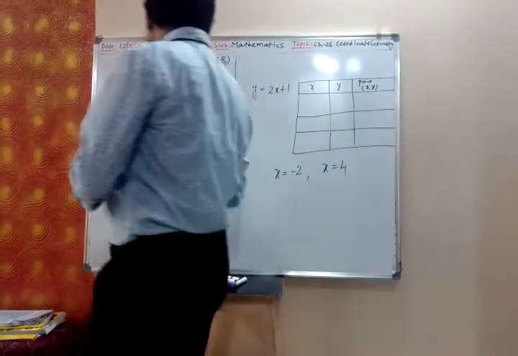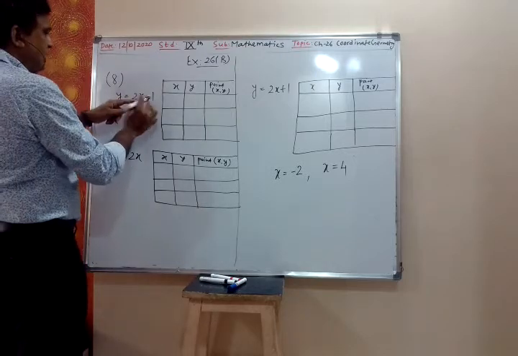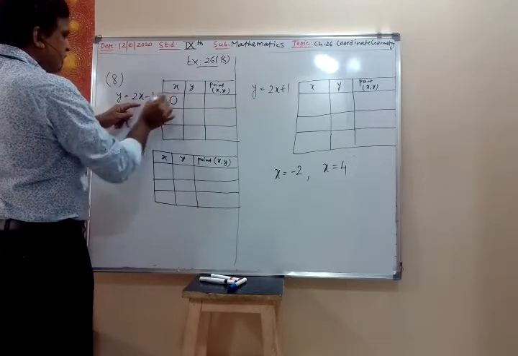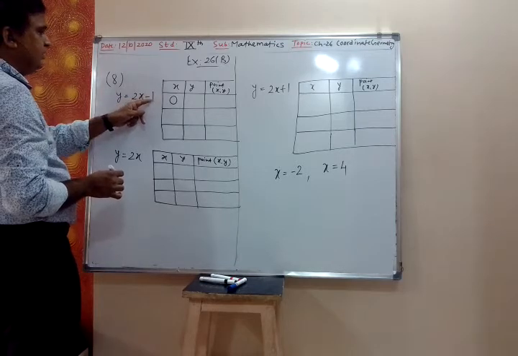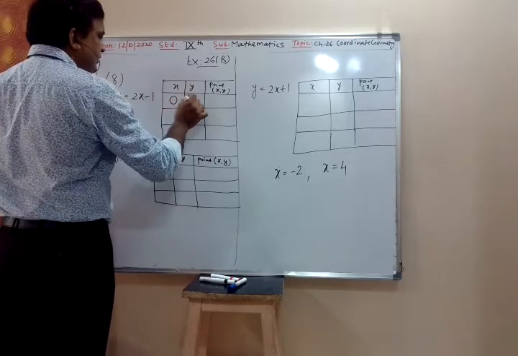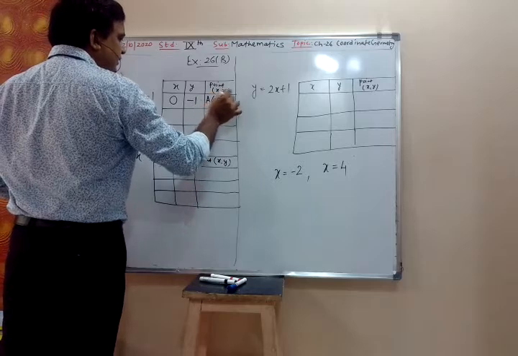So let us solve this. How will you get 3 points? Put x is equal to 0. When x is 0, 2 into 0 is 0, 0 minus 1 is minus 1. So y is minus 1. So you will get the point A, 0 comma minus 1.